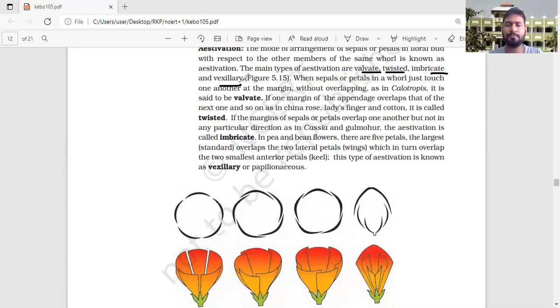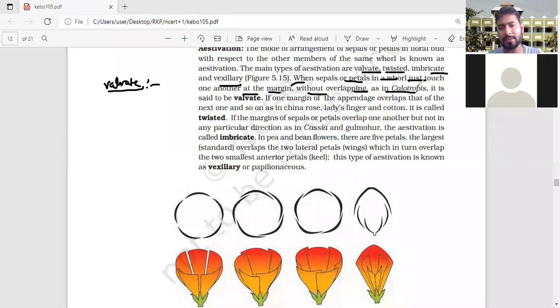Now we are going to talk about the valvate. When the sepals or petals in the whorl just touch one another at the margin without overlapping, it is found in Calotropis. Listen, I am drawing this figure, just look.